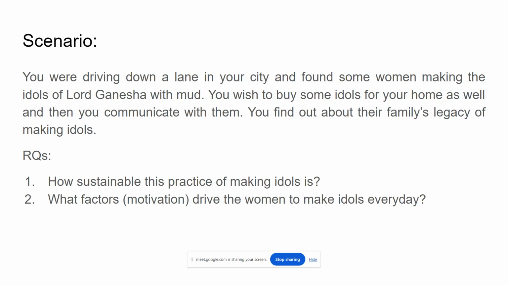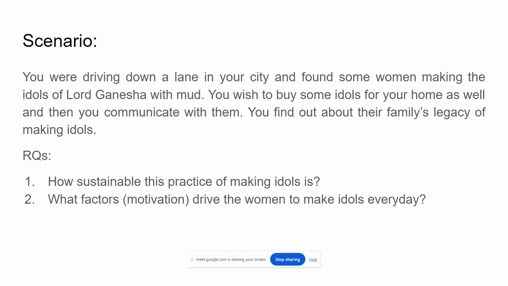So if you have a whole of this scenario, it becomes very difficult to go to the field and find about everything that they might be doing in a day, or you might have an infinite number of factors to be noted down and to be considered while you're talking to them.